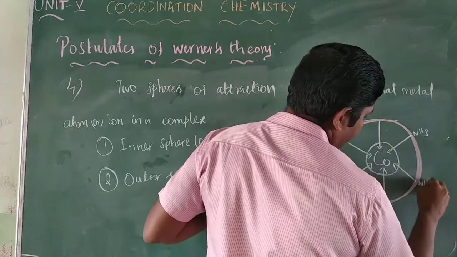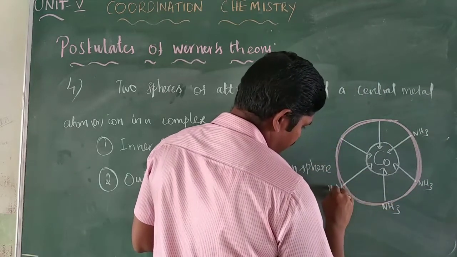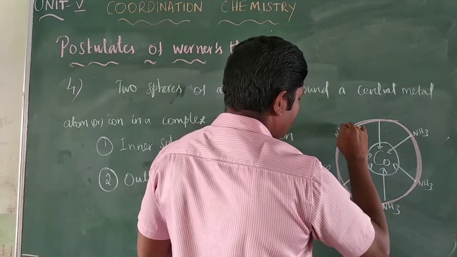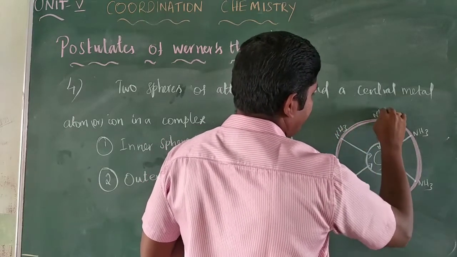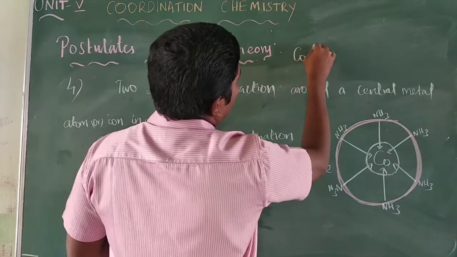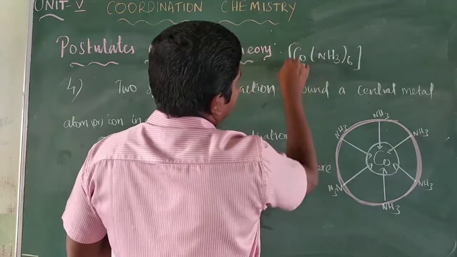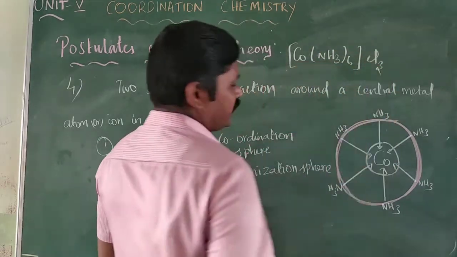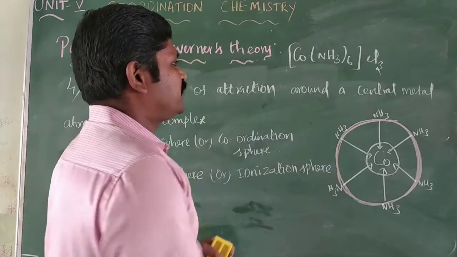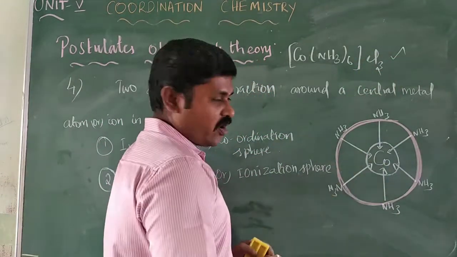NH3. So the example compound is Co(NH3)6 Cl3. Right? So Werner's first point, the complex compound. Okay, so now we are drawing it.